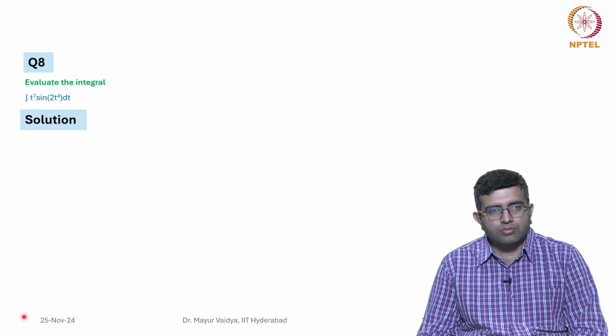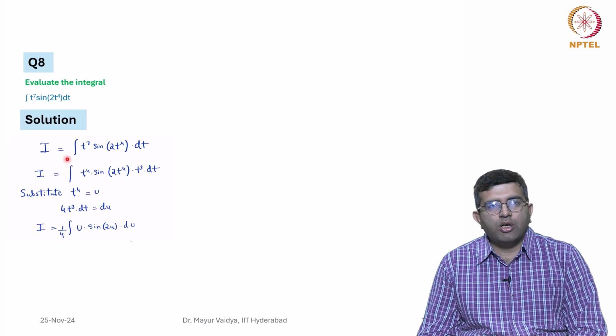But before we do that, it would be easier if we make a substitution. So we call I equal to integral of t power 7 into sine 2t power 4 dt, and now t power 7 can be written as t power 4 into sine 2t power 4 into t cube dt.